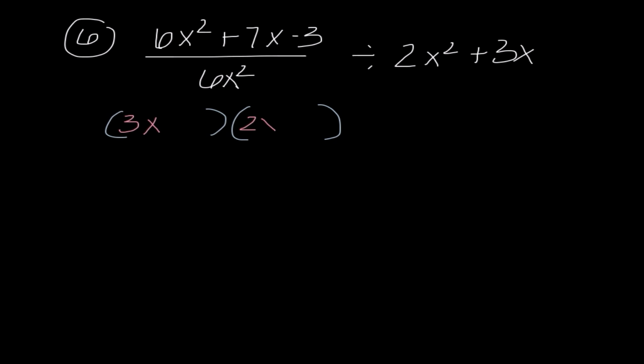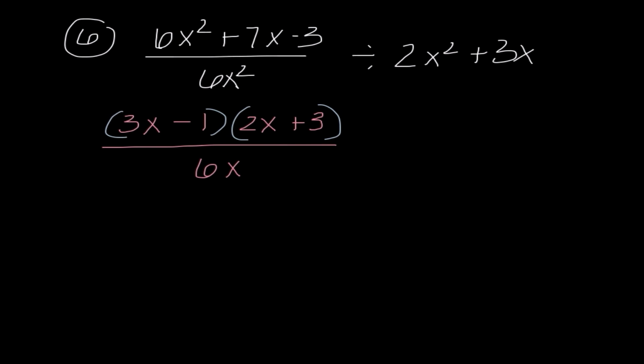And I'm going to try that first. Next, I need to think, what are possible factors of -3? And I'm thinking 3 and 1, and one of them is going to be negative, one of them is going to be positive. So why don't we do 3x minus 1 and 2x plus 3? Now to double check this, I need to check, is 9x minus 2x 7x? And it is. So I know that I'm good.